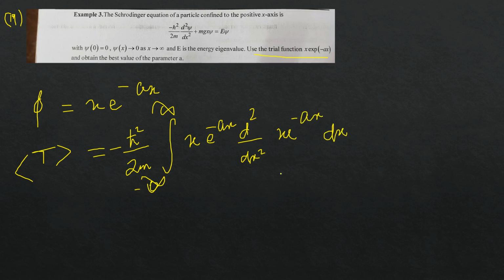So the double derivative of this one, you will get only e to the power minus ax.